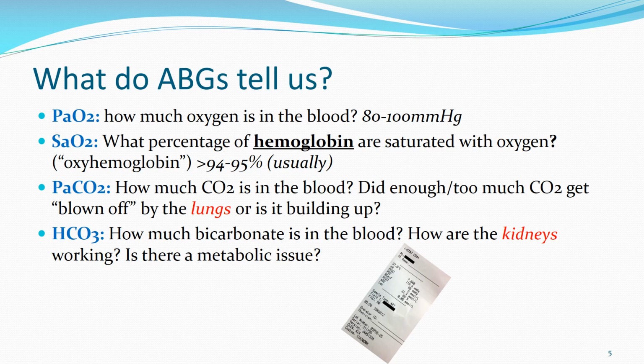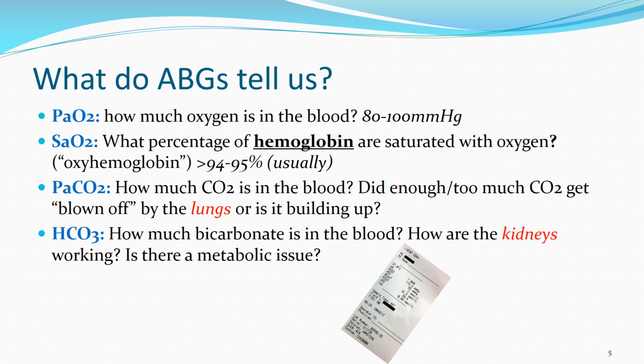So a higher level of CO2 in the arterial blood tells me that I didn't really get rid of very much CO2, maybe when I was exhaling or due to another issue, so now it's stuck around in the bloodstream. And then really low levels of CO2 tell me that I did a really good job, maybe too good of a job, getting rid of CO2, and I must have been exhaling really, really deeply and quickly.